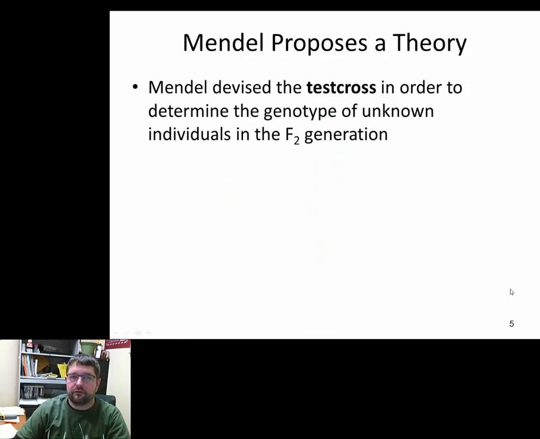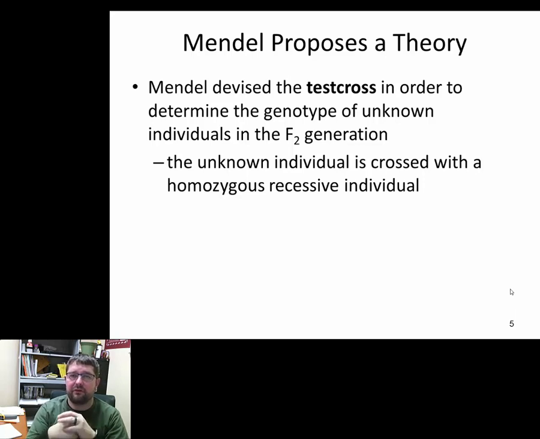Okay, so when Mendel devised his Testcross, he needed to understand, well, what is the genotype of the F2 generation? And in order to find out what the genotype of the F2 generation is, he had to devise some way to test it, which he called a Testcross.